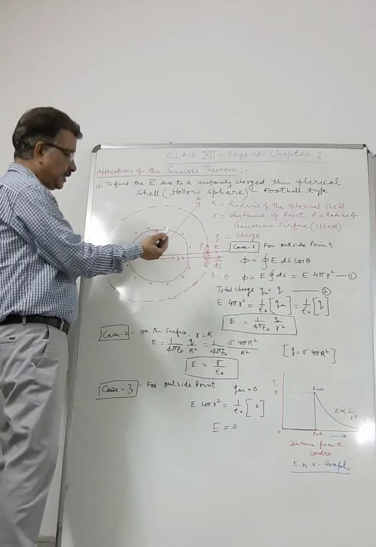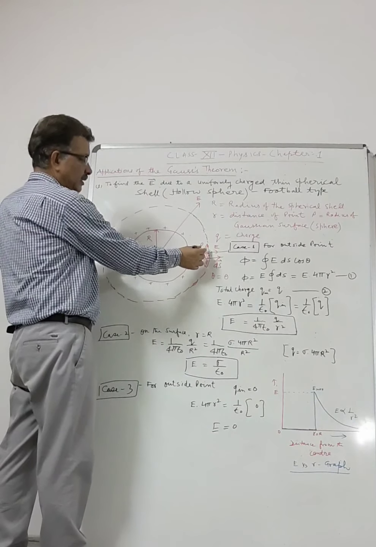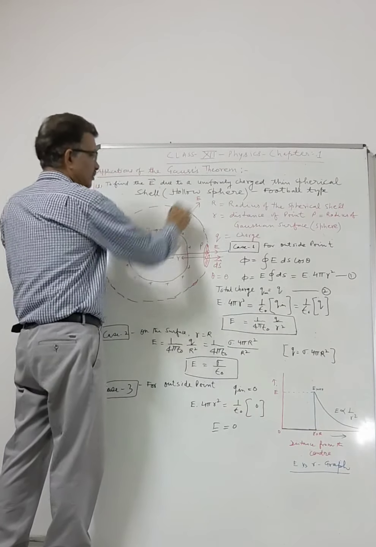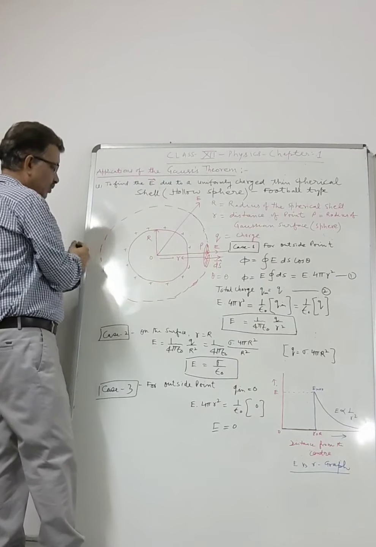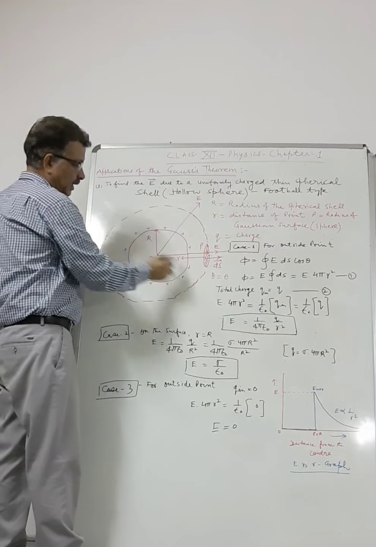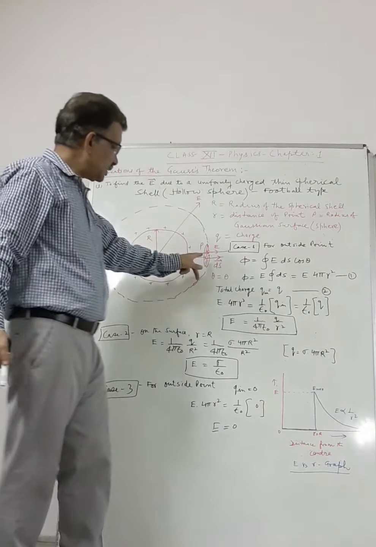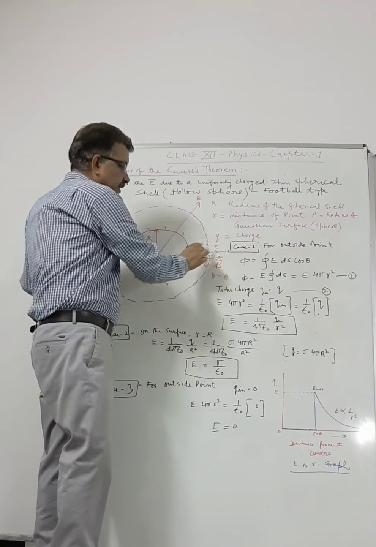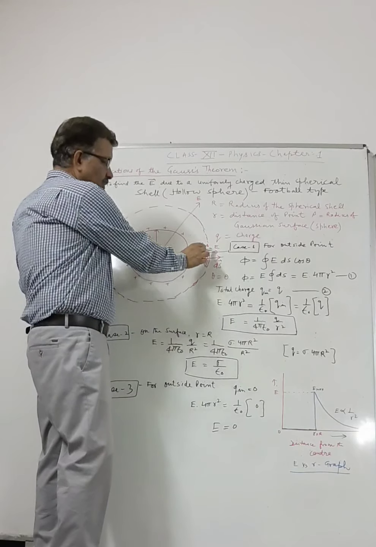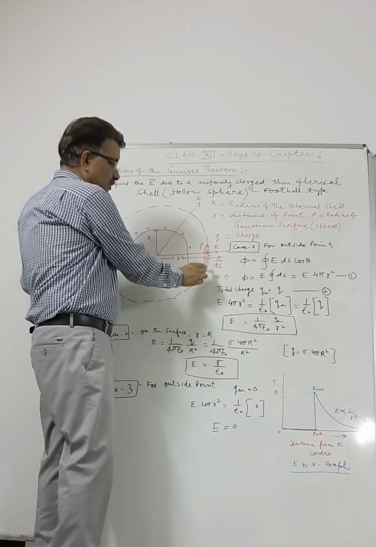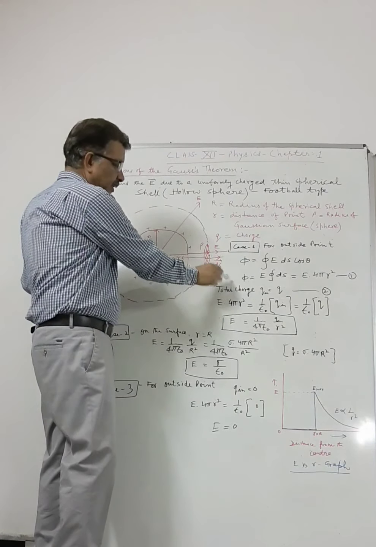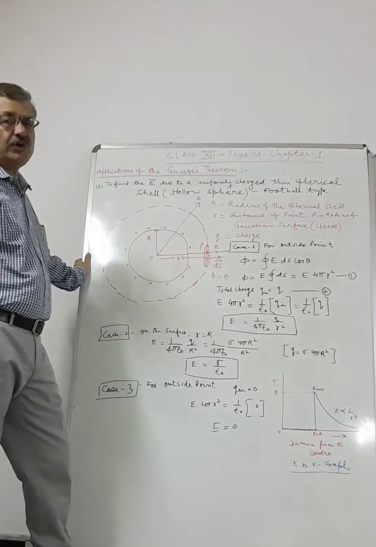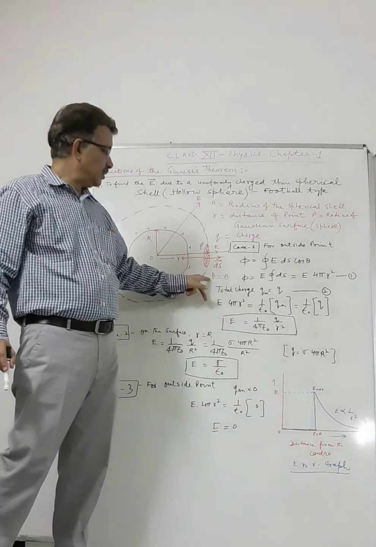By symmetry, electric field again will be radially outward. So for this particular surface area, the direction of E will be in this sense. So the angle between these two vectors will of course be 0 degree. So theta will be 0 degree.